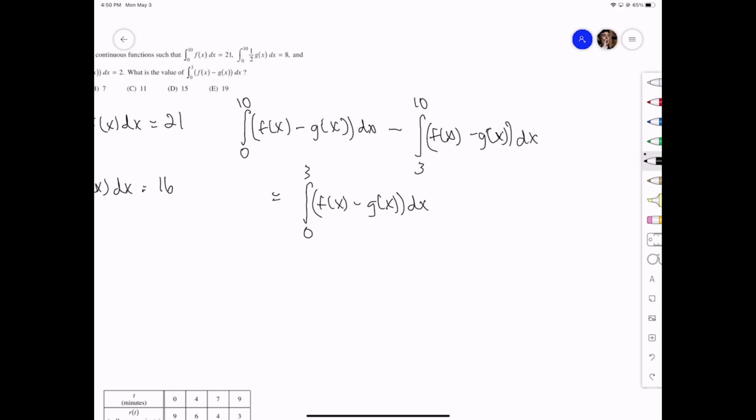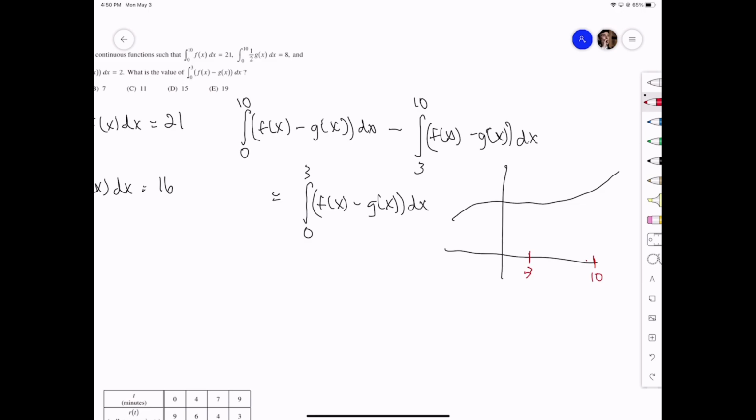So if you think about it, does that make sense? Basically, if you think about it just in terms of the area under a curve, let's say this is 3, this is 10.